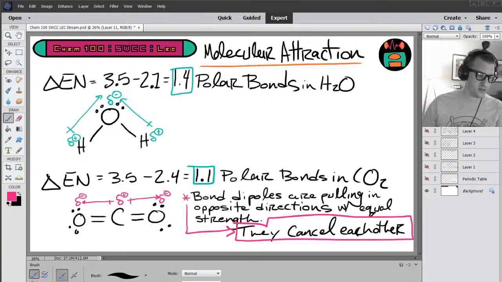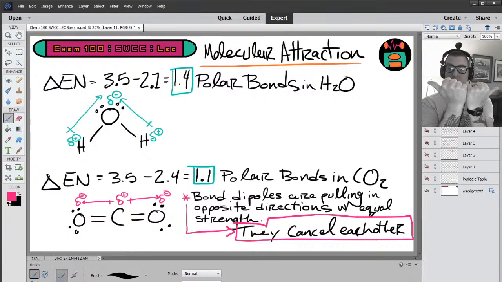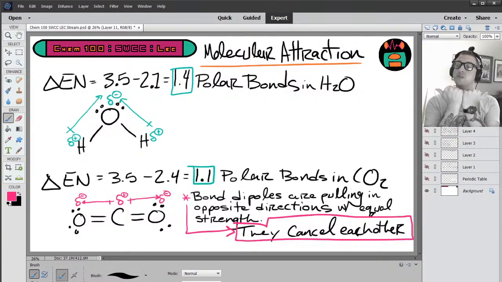So, yeah, totally. You'll notice that with carbon dioxide, the two mini dipoles cancel each other. They're pulling in opposite directions with equal strength. So it's like a tug of war between two people who are equally strong, right? That rope isn't going to move anywhere.